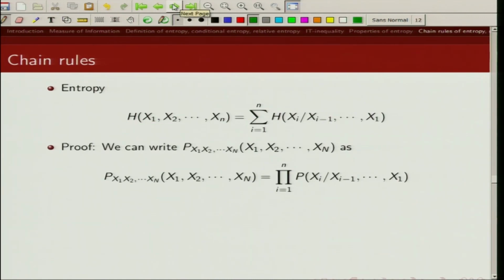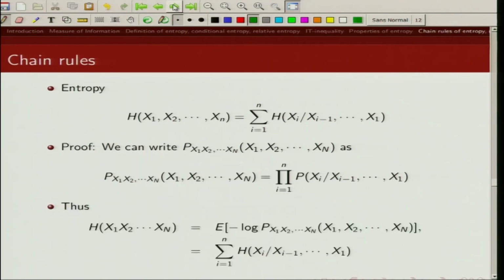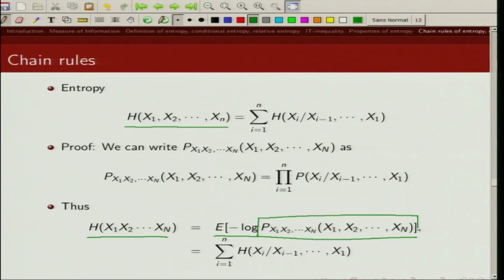So how do we prove it? We will write this joint distribution in terms of conditional distributions. And now we will invoke the definition of joint entropy. What is the definition of joint entropy? It is the expected value of minus log of this joint distribution. And what is this? This is given by the product of these conditional probabilities.